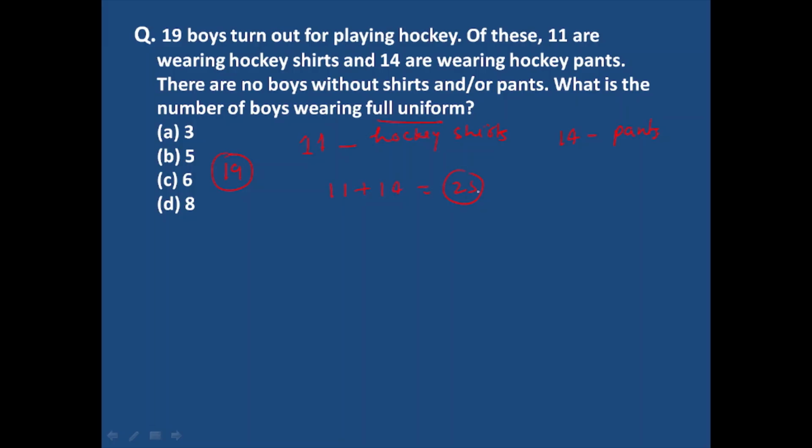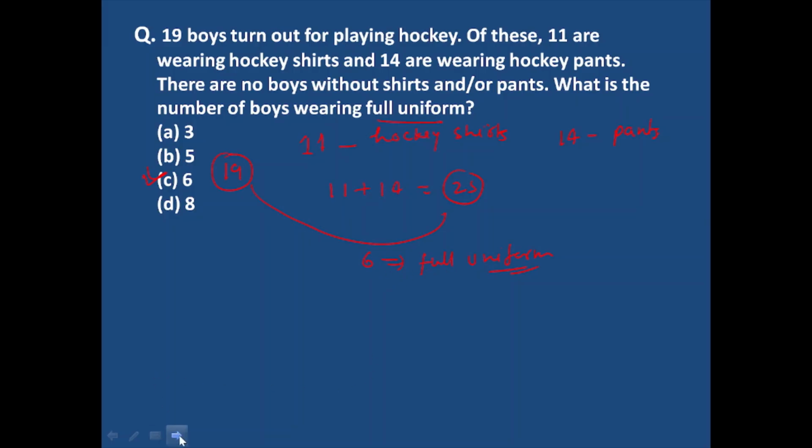Then 25 counts those who wear at least shirt or pant or both. But the total number of boys is only 19. Then the difference will be 6, and these are the number of boys who wear full uniform. So option C will be the right answer.